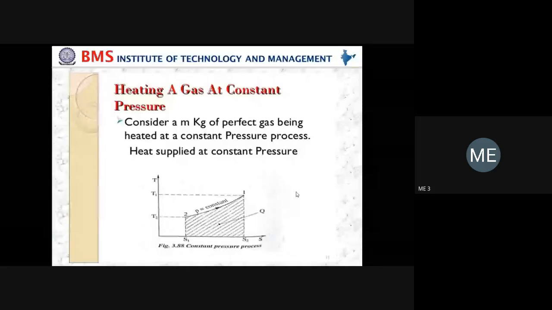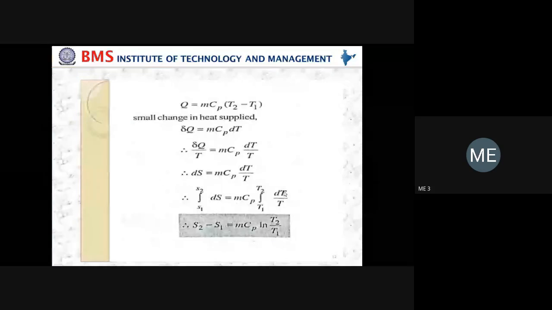Because the temperature depends upon the pressure, that's why it varies according to the pressure. So the nature of curve remains the same. You have to draw the same diagram. Then how are you going to write the expression for change in entropy? Same process. Instead of Cv, you have to take Cp.